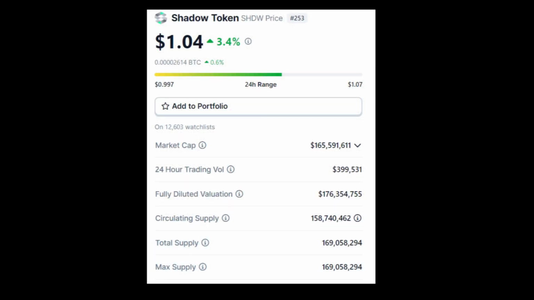Okay, that was quite a lot. Let's pivot to something simpler like tokenomics. I couldn't find the token distribution, so let's examine the supply side numbers. The total supply of Shadow tokens, according to CoinGecko, is fixed at 169 million. And more than 158 million are already in circulation.